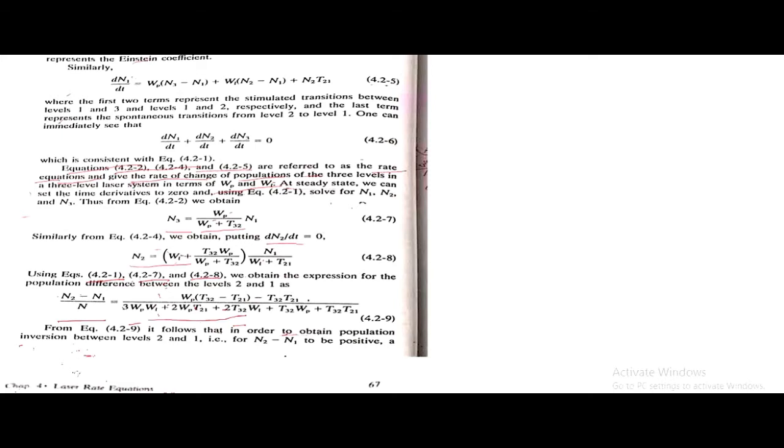From equation 9, we can say that in order to obtain population inversion between levels 2 and 1, that is, for n2 minus n1 to be positive, the necessary condition is that T32 is greater than T21.